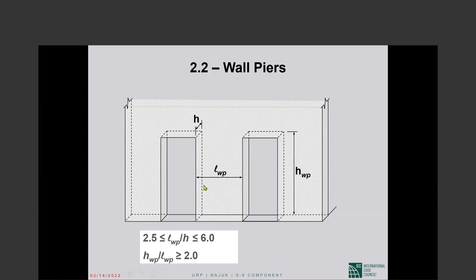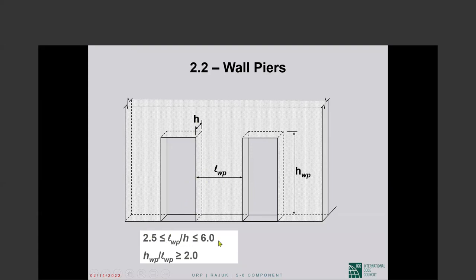For one of those segments to be defined as a wall pier, the height to length ratio has to be larger than or equal to 2. So the height of the wall segment to the length ratio has to be larger than or equal to 2. And then the length to thickness ratio has to be between 2.5 and 6.